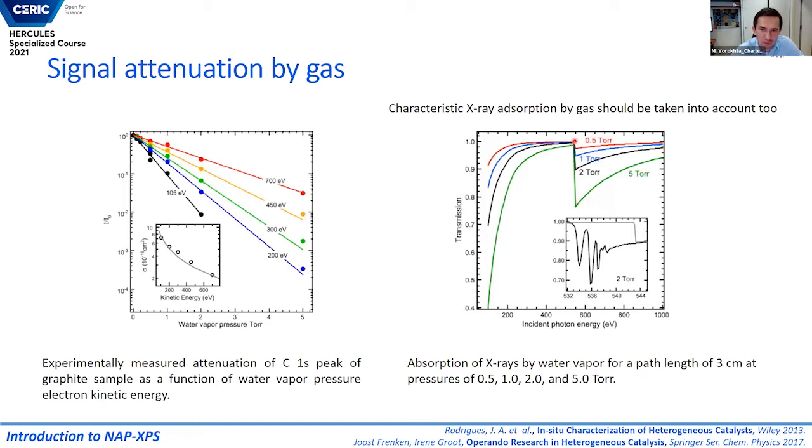So you should also account for this, because you can lose some amount of photons absorbed by the gas. It is another parameter.